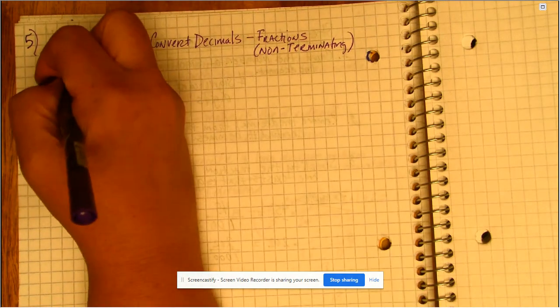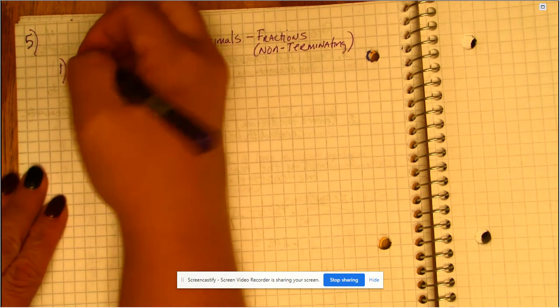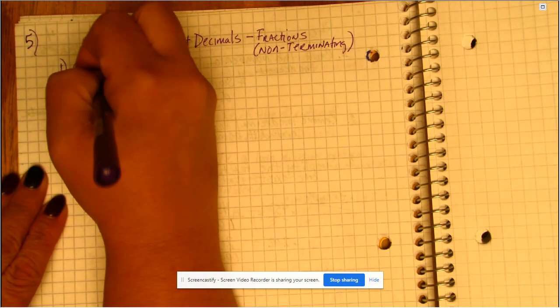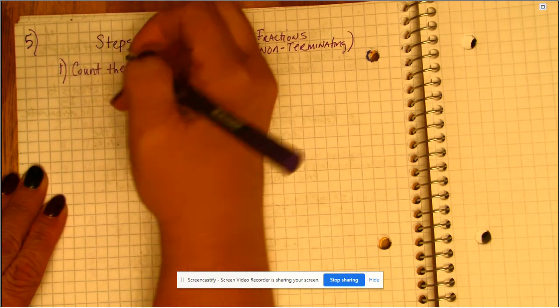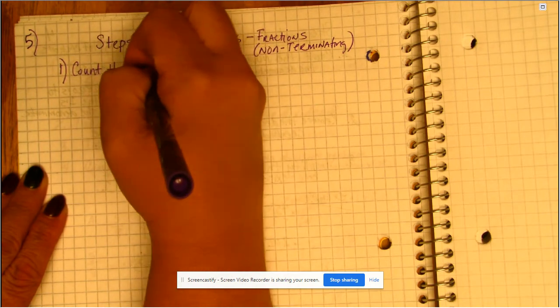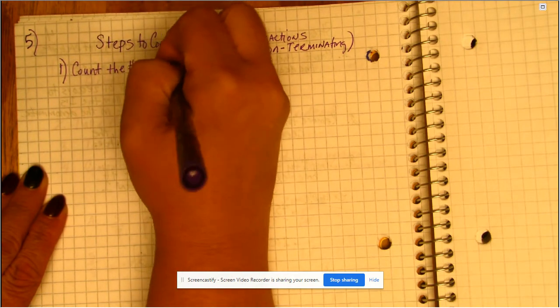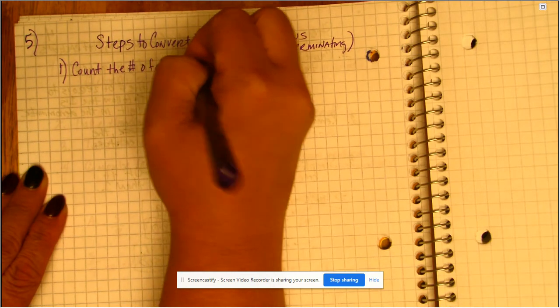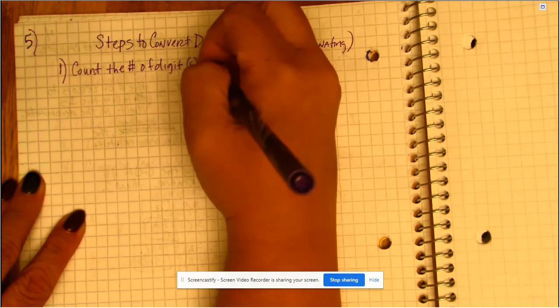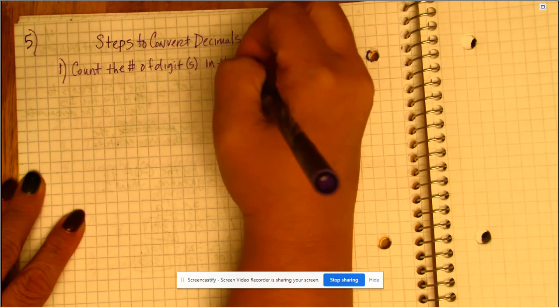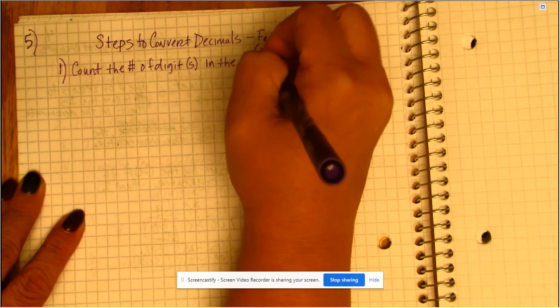So the first step is going to be to count the number of digits, or could just be a digit, in the reptend.